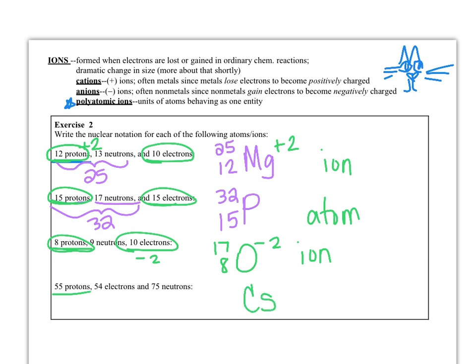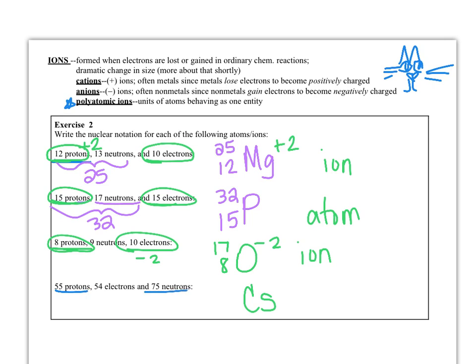So 55, 54, that's going to be 109. So I'm going to do 109. If I did my math wrong, just pretend I did it correctly. Oh, duh, I didn't do it right, did I? One second, let me erase that. Because I need to add my protons and my neutrons together, and they tricked me by switching it up. So 55 protons and 75 neutrons.